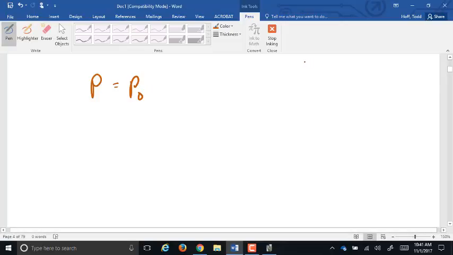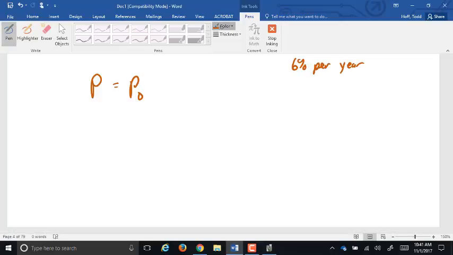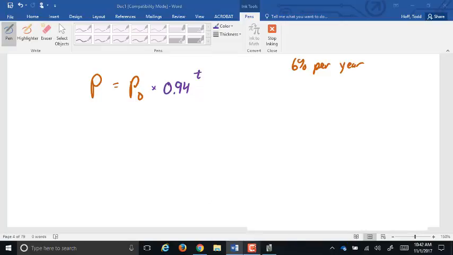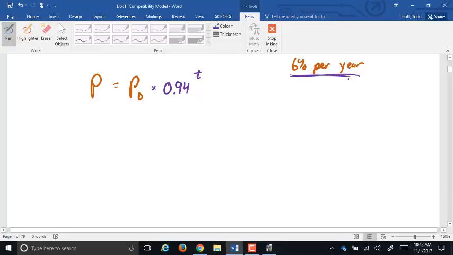Now for this one, she's gaining 6% per year. Would I put in 0.94 here to the power of t? Okay, so anyway, back to Joan. She's got 6% per year. So am I going to put 0.94 in here?